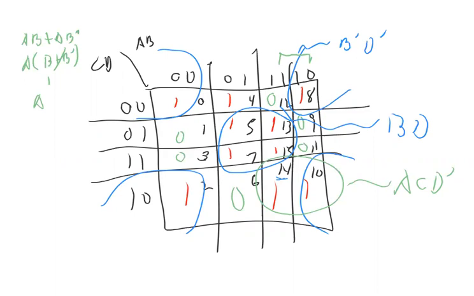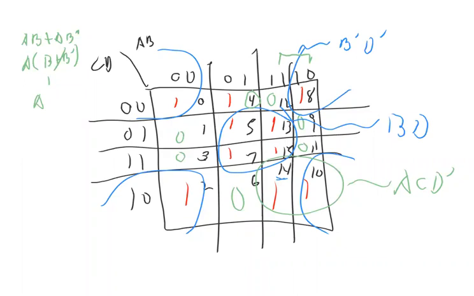What about this one here? And loop 4. How do I loop 4? Alexa, would you like to tell us how to loop 4? Anybody?